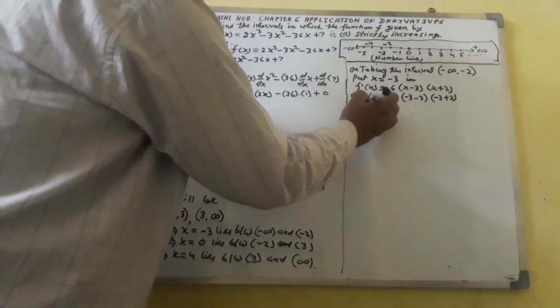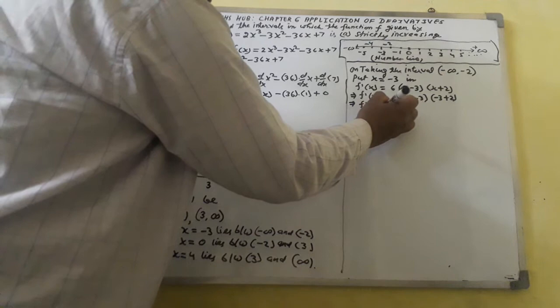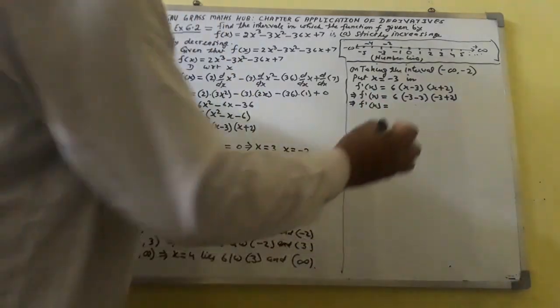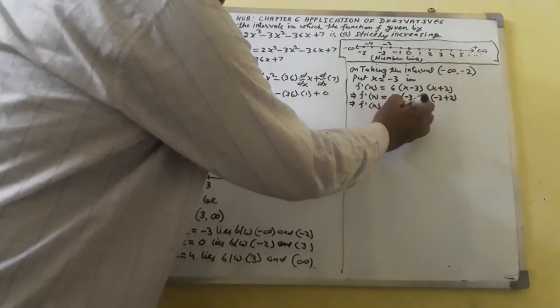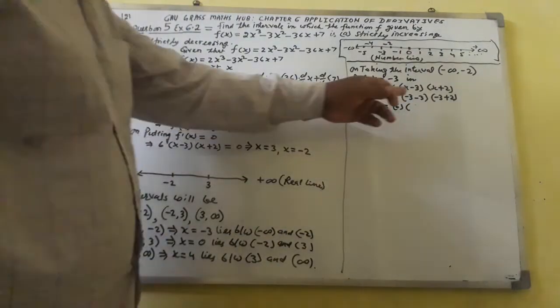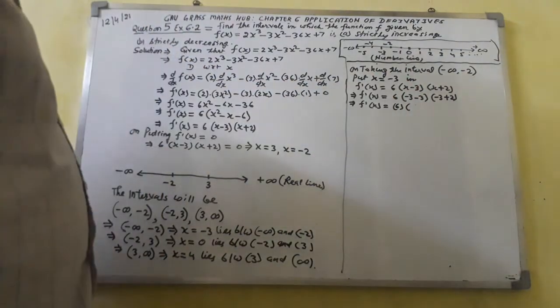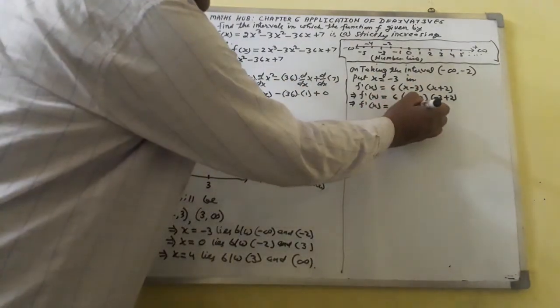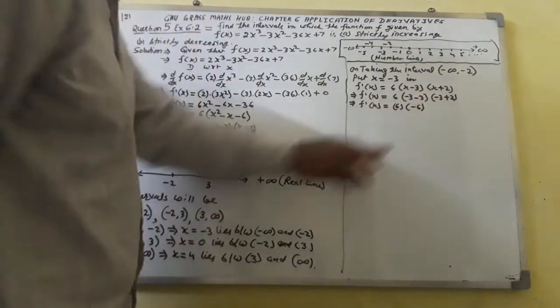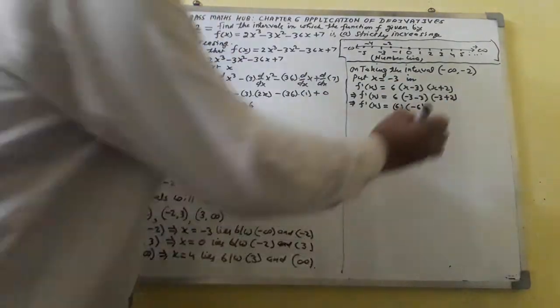The f dash of x equal to 6, and minus 3 minus 3 comes out to be minus 6. Here you will get minus 3 plus 2 comes out to be minus 1.